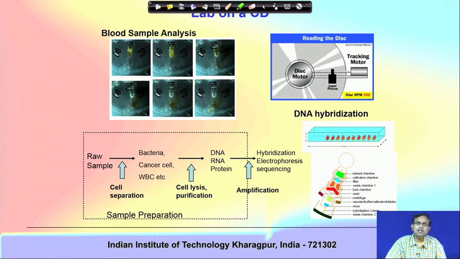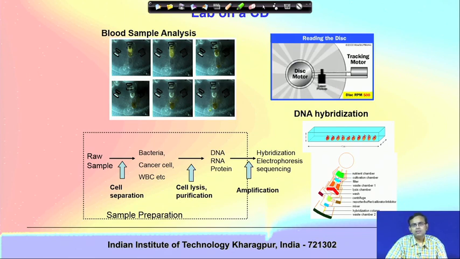The lab on a CD is a rotating microfluidic device which looks like a CD used for external data storage, but it is actually a polycarbonate based material. There may be a large number of microchannels on the CD, and if the CD is rotated, by a single rotation fluid can move along the radial direction on all the microchannels simultaneously, and this is possible by centrifugal action.